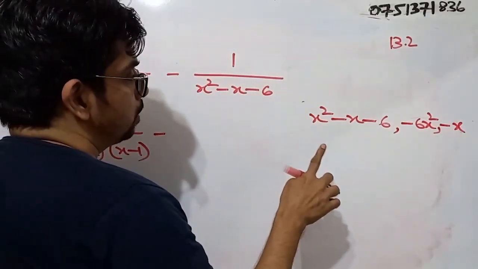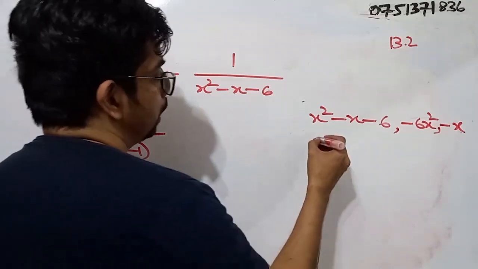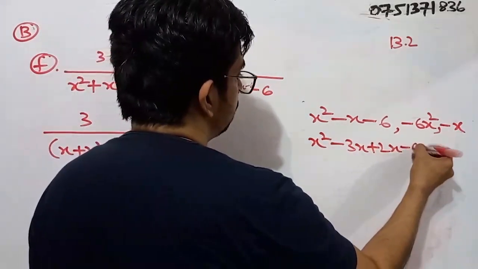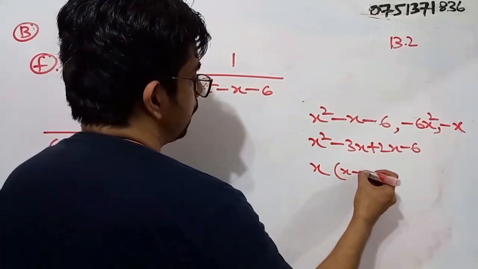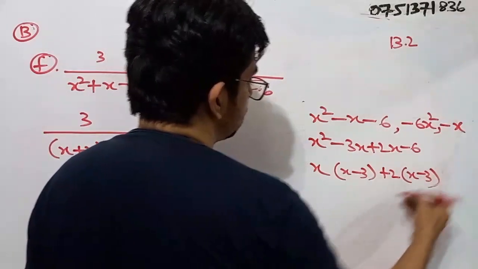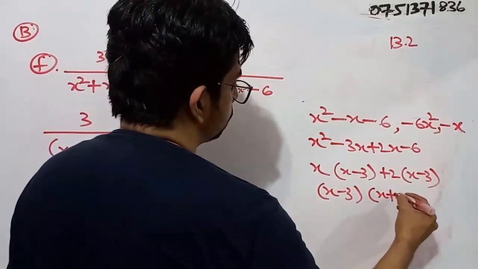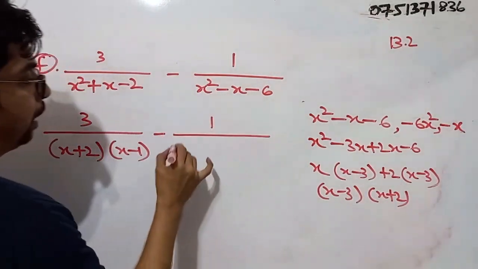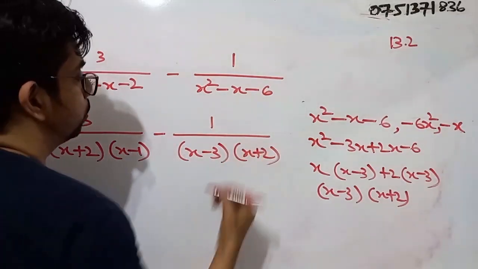That means we have to consider 3 into 2 and the larger factor should be negative 3. So x squared minus 3x plus 2x minus 6. Consider these two terms, common factor is x. What goes inside? X minus 3. Plus 2, what goes inside? X minus 3. Then we have what? X minus 3 and x plus 2. That means this is 1 divided by x minus 3 and x plus 2.